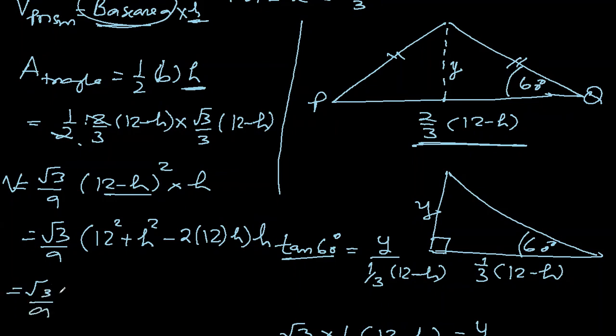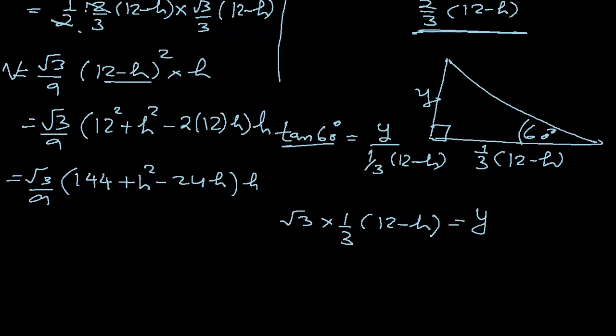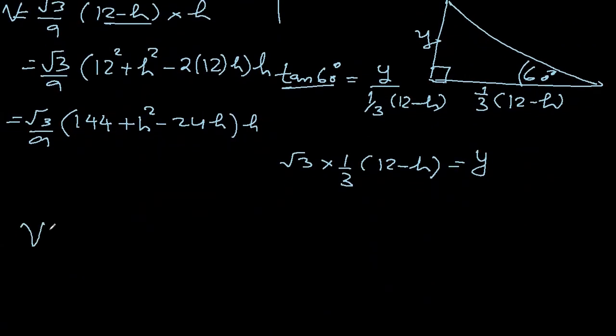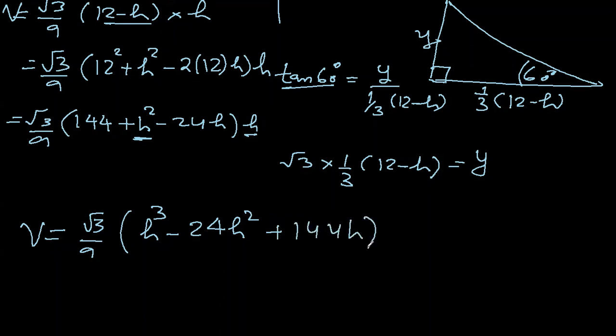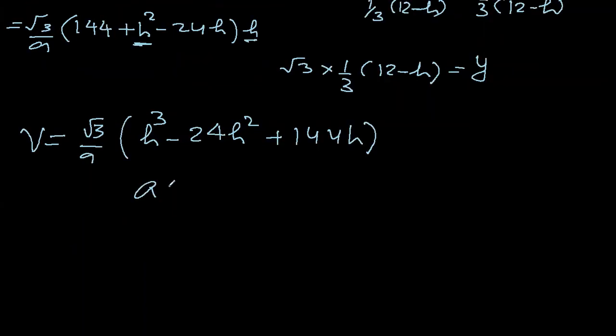So which is square root 3 over 9 times 144 plus h squared minus 24h, times h. Now let's convert it to the format they want. Volume equals square root 3 over 9 and h cubed first, since h squared times h becomes h cubed, then minus 24h squared plus 144h. A is 1, B is minus 24, and C is 144.